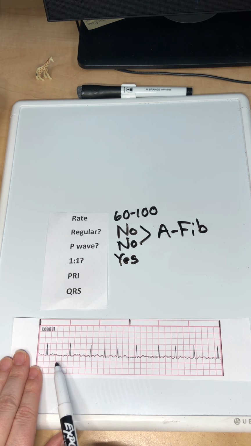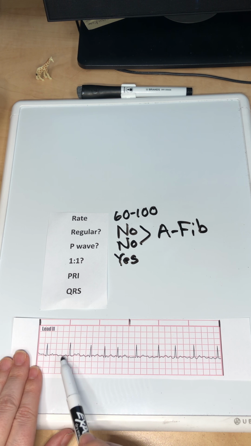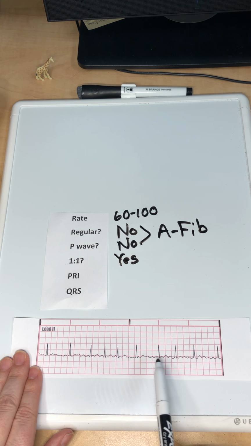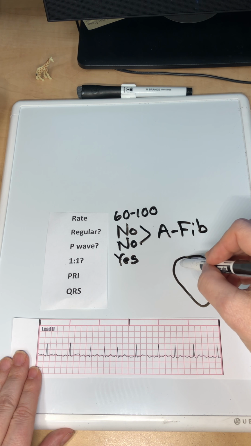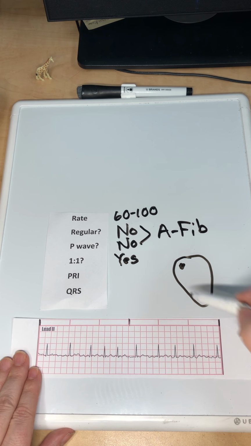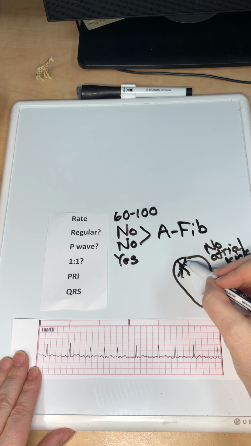Is there a P wave? Well, sometimes our brains want to try to find a P wave in there, but it's really just a squiggly line. So what's happening in our heart is the SA node is not in charge. There's no atrial kick, so you don't have that jump start and that nice forceful contraction through the atria.